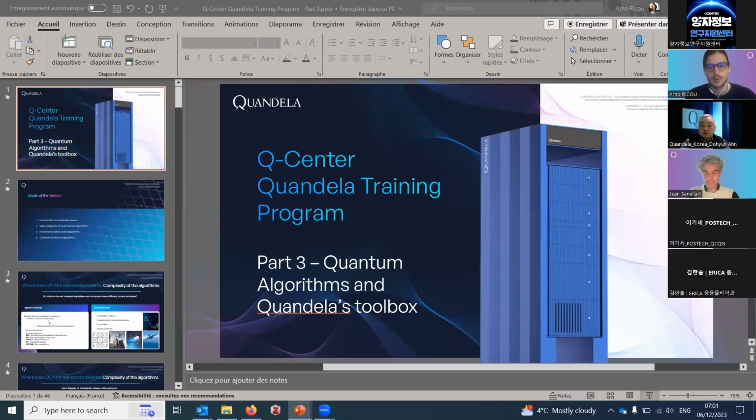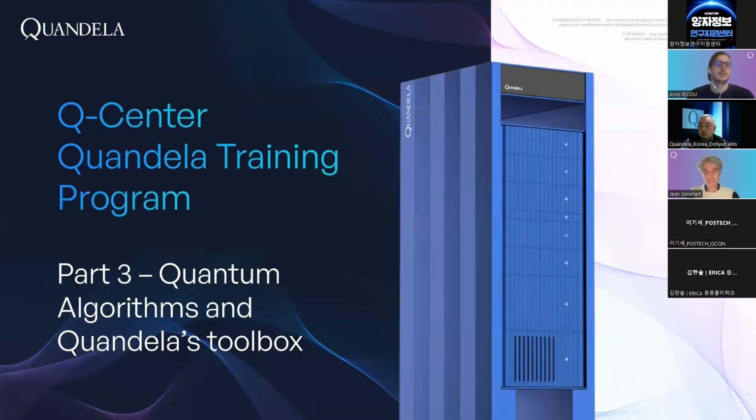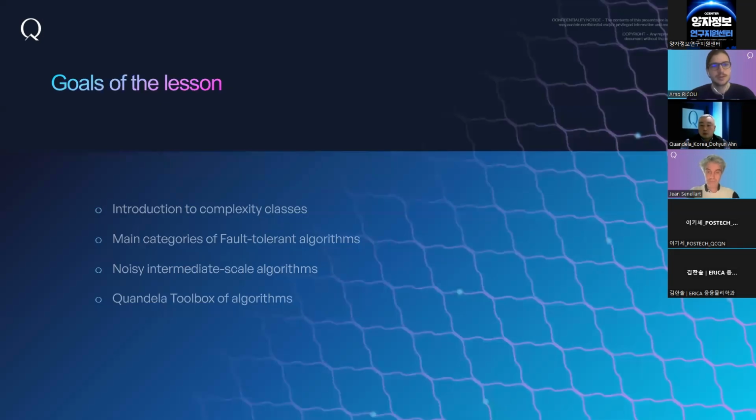Okay, good. We're going to talk about quantum algorithm and Quandela toolbox. So before starting, let's highlight what are the goals of the lesson. First, we're going to give an introduction to complexity classes. Then we're going to talk about the main categories of fault-tolerant algorithm.